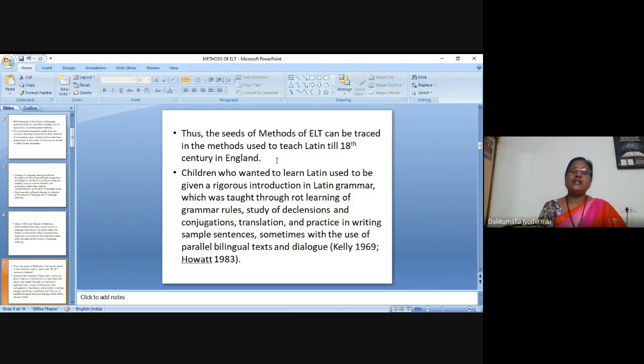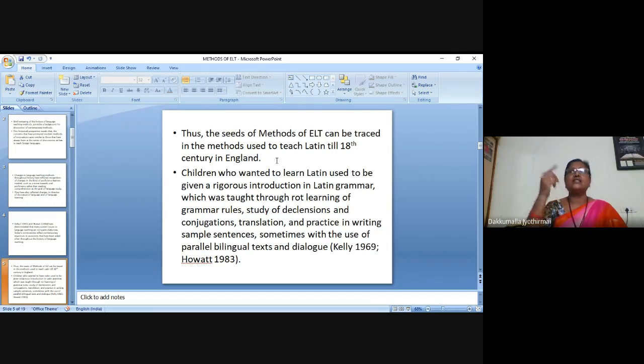So then there was a situation where Latin should be taught as a foreign language. And to teach this foreign language, they adopted some methods, and thus the seeds of the modern methods, whichever we are speaking of now, can be traced back to the methods that were used to teach Latin in 18th century England.